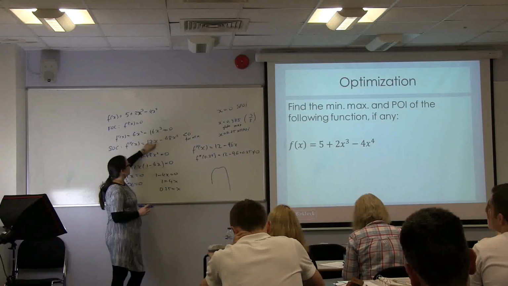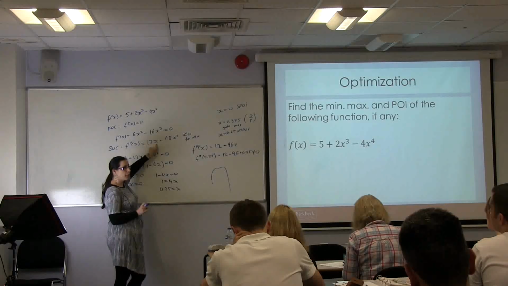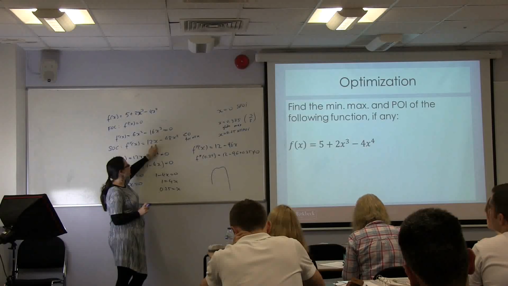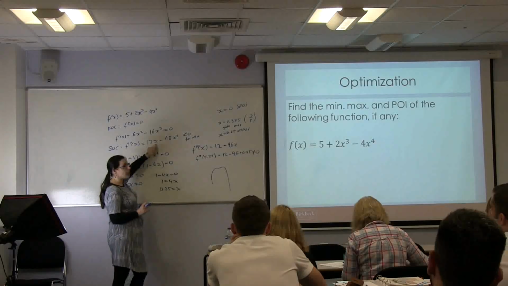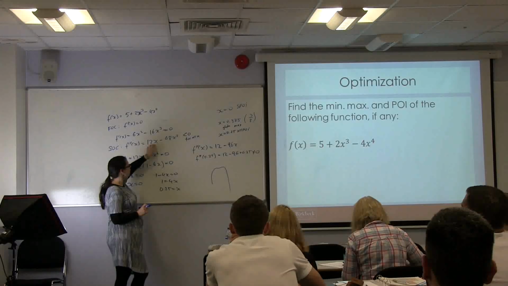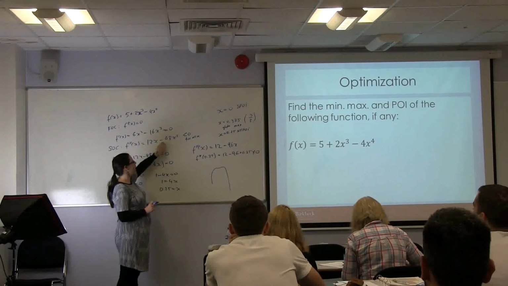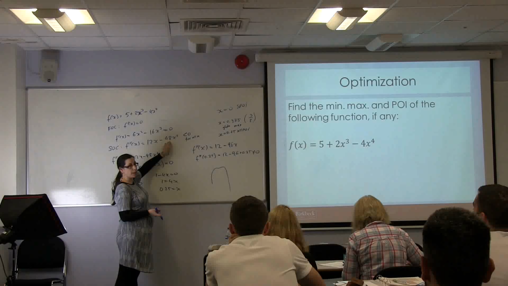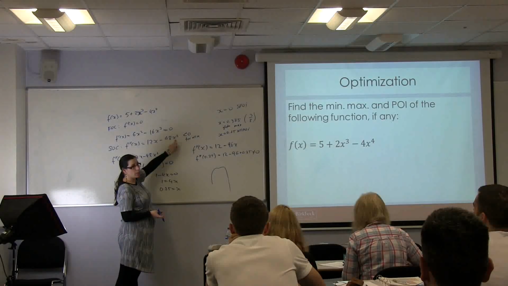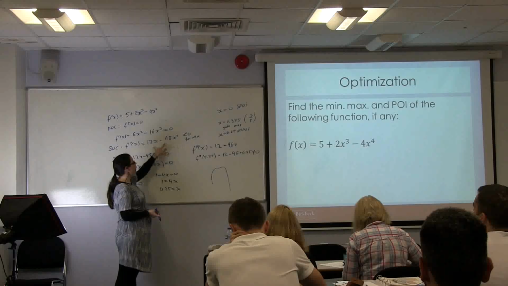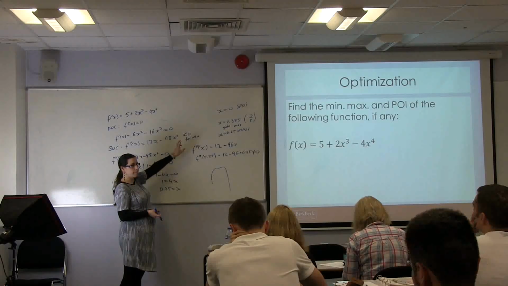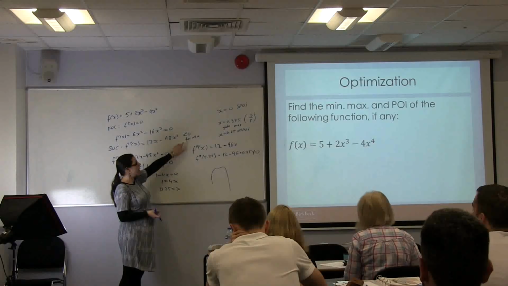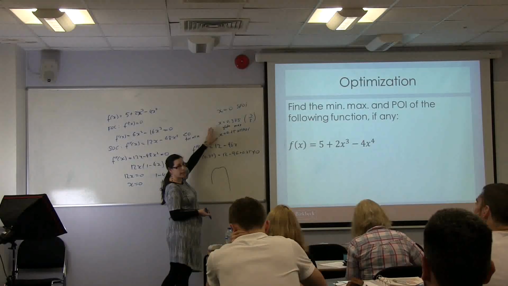If x is positive, I've got a relatively small positive number take away a much bigger positive number. If x is negative, I've got a relatively small negative number and I'm taking a bigger number away from it. Remember that x squared is always going to be positive. So for both situations, I'm going to have negative solutions. Doesn't matter if x is positive or negative. So that's why it's actually going to be a global maximum. And ignore what I said before.